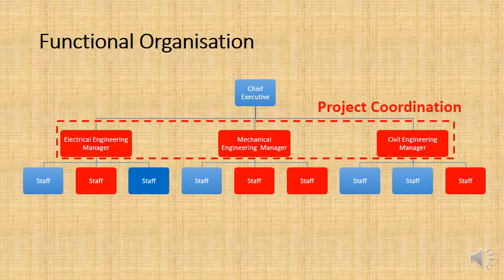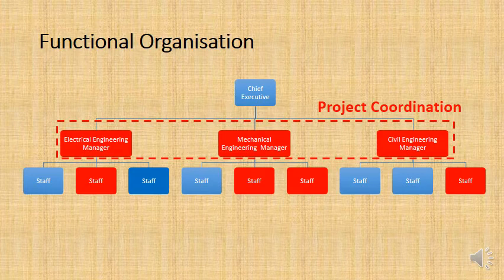And so you could have that in an engineering consultancy. You could have the chief manager of the company, and then under them you could have a manager for electrical engineering, a manager for mechanical engineering, and a manager for civil engineering. So if we were going to use this functional organisation for the project that we talked about with the dam, where there are electrical, mechanical, and civil engineering components, the project coordination, meaning the project management, will be done by the managers together.